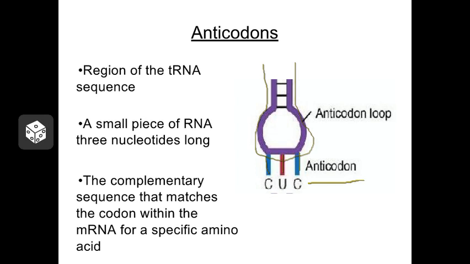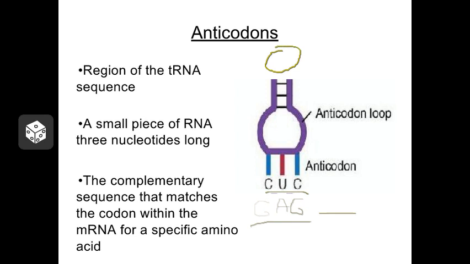What that anticodon is going to do is match with a specific codon in the mRNA transcript. So here we have CUC. That would match with the sequence GAG. That's kind of fun. So if that mRNA sequence contains the sequence GAG, this tRNA can bind with it, anticodon to codon, and that tells it that it needs to drop off its amino acid in that specific spot.